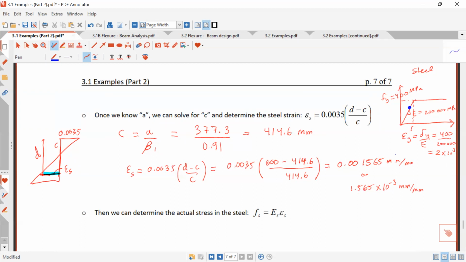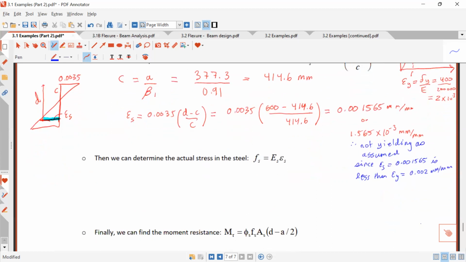We're not yielding, as assumed, since epsilon S, which is 0.001565, is less than epsilon Y, which is 0.002 millimeter per millimeter. Everybody got it? Okay, so now I know this strain.